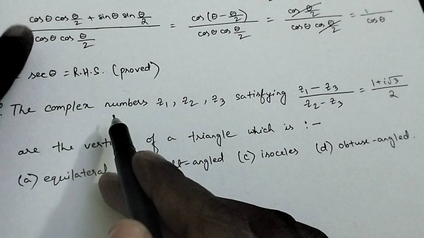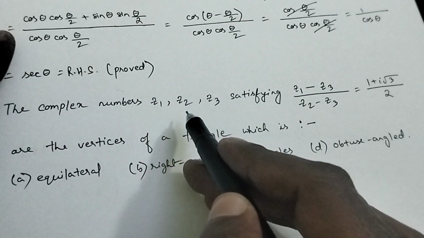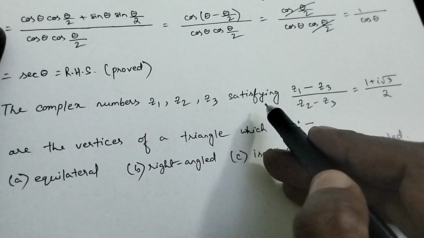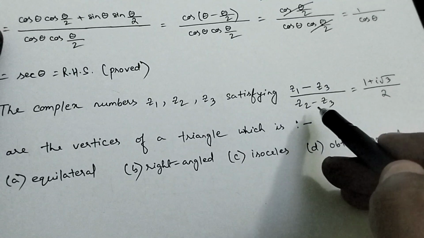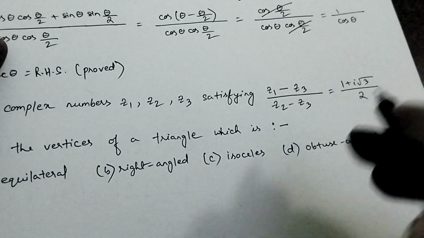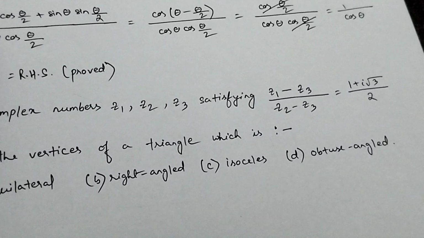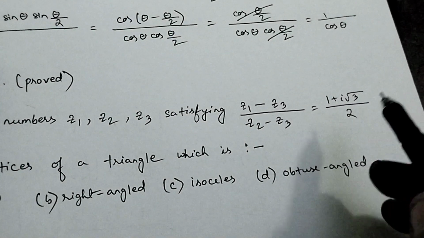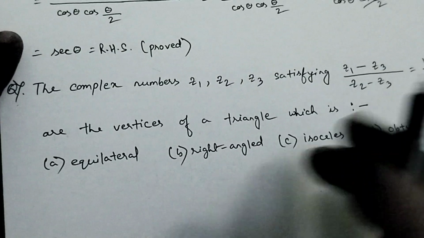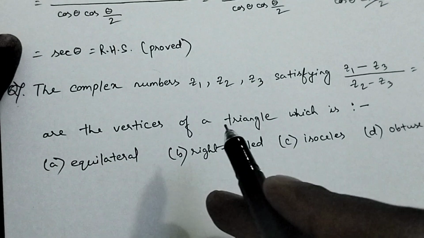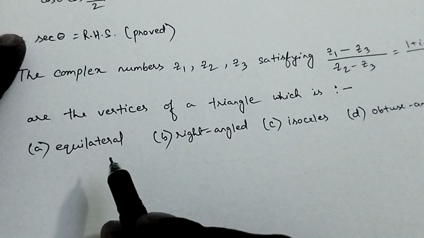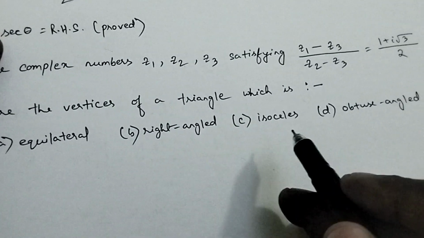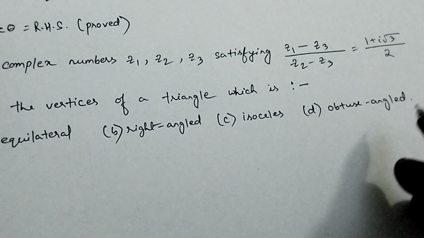The complex numbers z1, z2, z3 satisfying this equation, (z1 minus z3) divided by (z2 minus z3) is equal to (1 plus iota root 3) divided by 2, are the vertices of a triangle which is, four options have been given: equilateral, right angled, isosceles and obtuse angled.